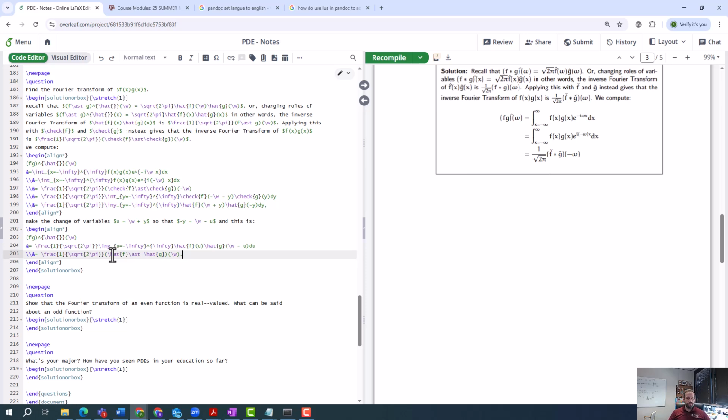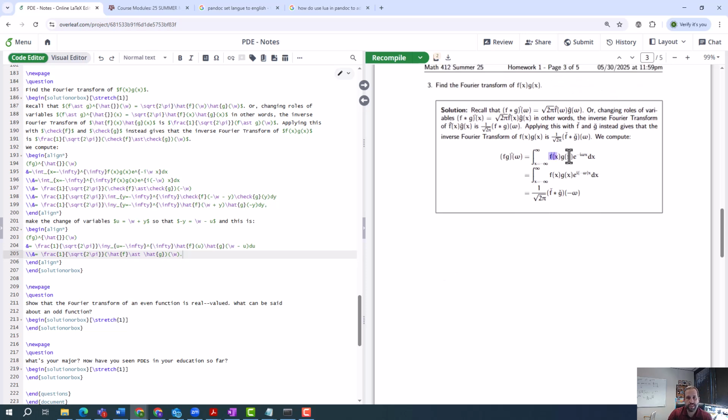But another way to do this would be to compute this and then do something very similar to what we did in class to find the Fourier transform of the convolution, sort of opposite in a certain sense. You start with this and work in the other direction, I guess. Okay, that's all that I want to have for this one.